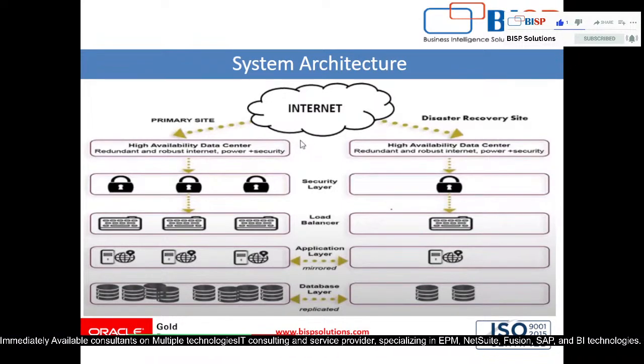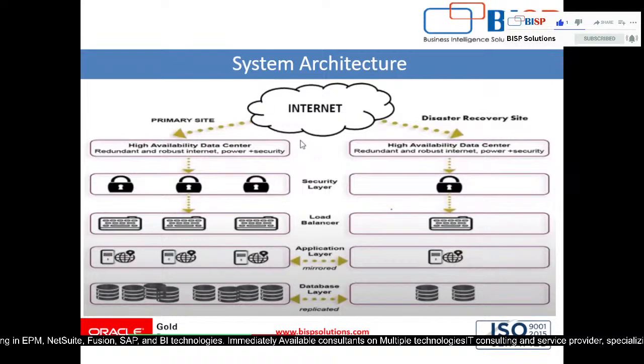So let's see some architecture for this. We have the primary site and we have the disaster recovery site, right? In our system architecture, we have our user doing all their transactions, so you may have somebody on the RF device or on the UI. The RF device is nothing but our radio frequency device.